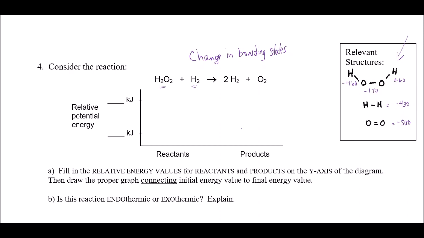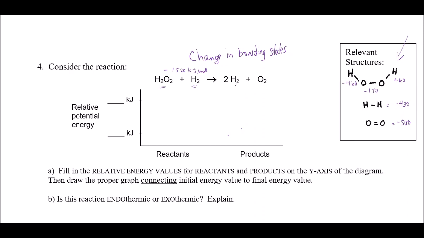If we add all that together, 460, 460, 170, and 430, they're all negative numbers, so when we add that all up, we're starting at negative 1520 kilojoules per mole. That's the starting point.